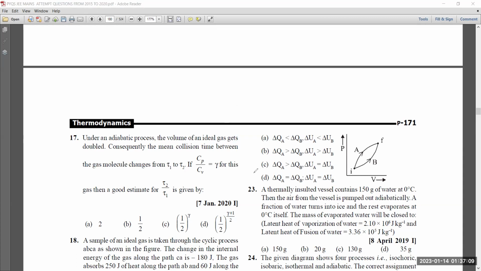It is using the mean time of relaxation and those ideas. Under an adiabatic process, the volume of an ideal gas gets doubled. Consequently, the mean collision time between the gas molecules changes from tau 1 to tau 2. Given gamma for this gas, a good estimate of tau 2 upon tau 1 is.